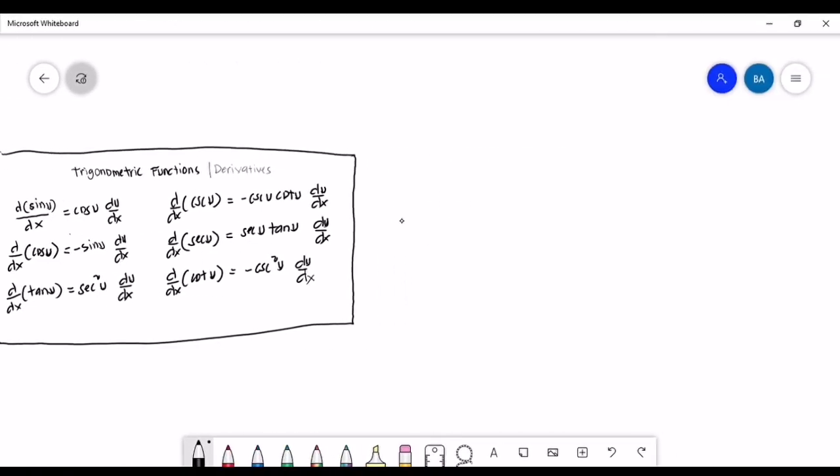In our fourth example, what if we have y is equal to tangent raised to 3 of 2x. So at this point, we could be able to use the substitution method. We know that this is also equal to tangent 2x raised to 3.